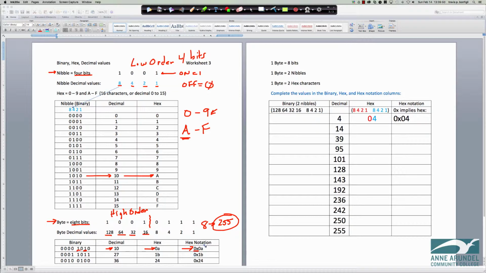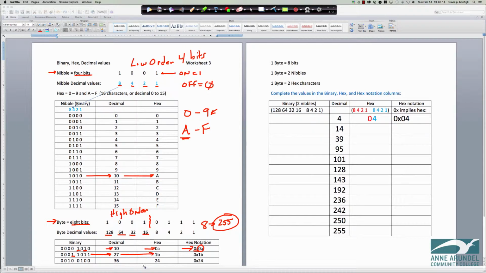And then the hex notation is 0x. This is something that you'll see sometimes in computer programming. You'll see 0x followed by the actual hexadecimal value, because the 0x indicates that what follows the x is the actual hexadecimal value. So 27, in binary, would be 00011011. That's 27 in decimal.